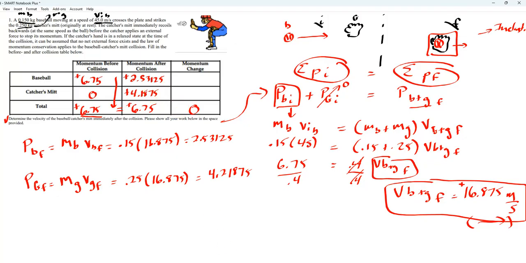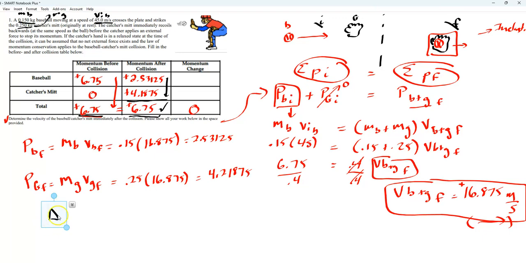If you wanted to check your work, if you add these two numbers together, you should get 6.75. So I'm going to do that real quick. And that worked out. If we didn't keep all those digits, then this number might be slightly off compared to the initial and final, and I don't want that to happen, so I'm just keeping all the digits there.